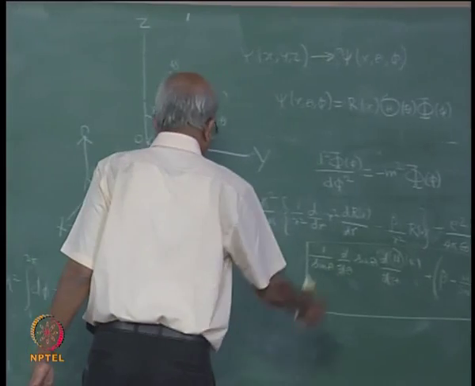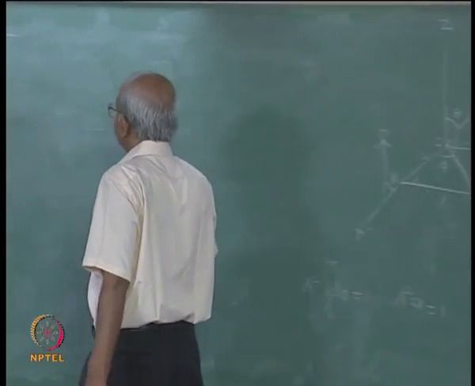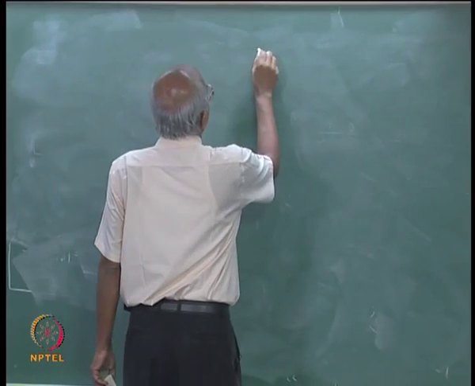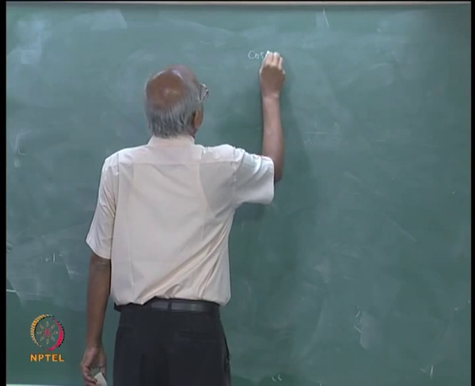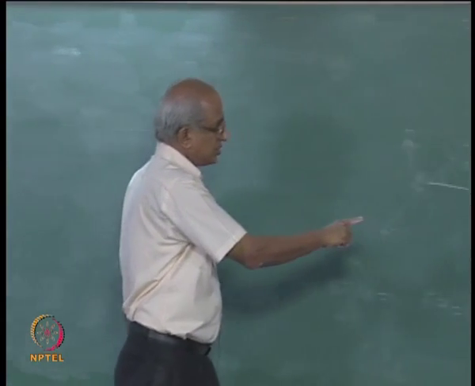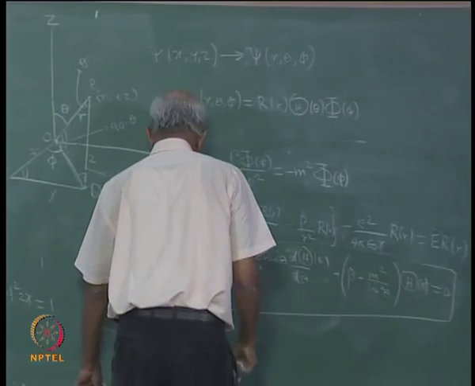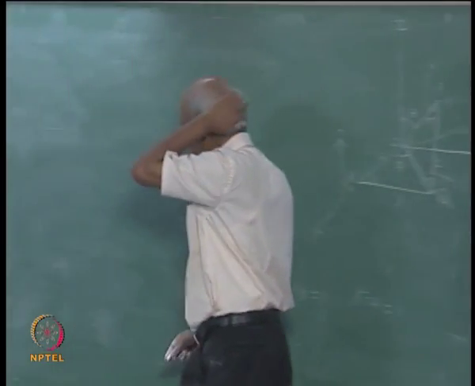So, what we will find convenient is to introduce a new variable. We are going to rewrite this equation in terms of a new variable, which I will denote as z.